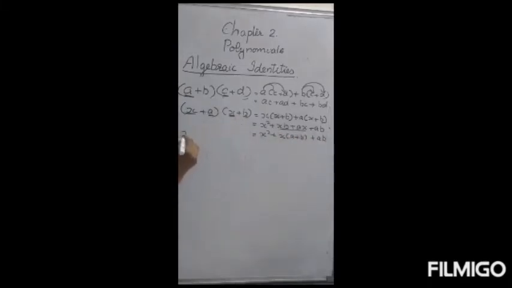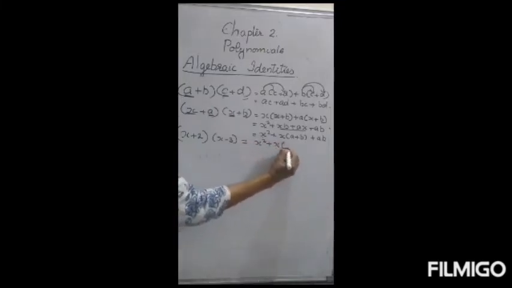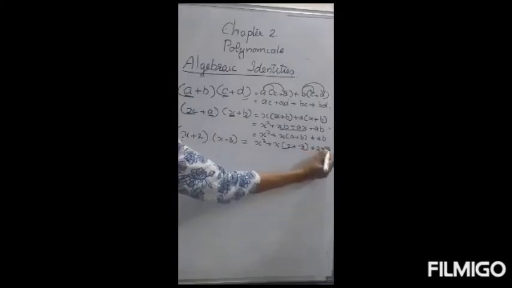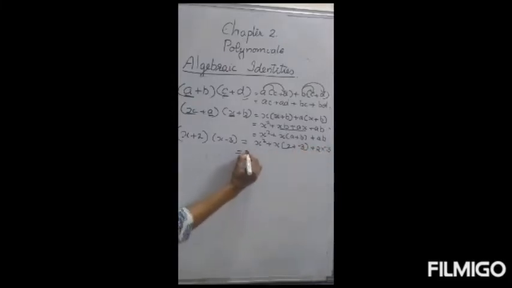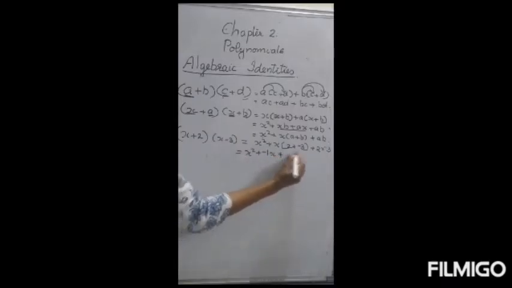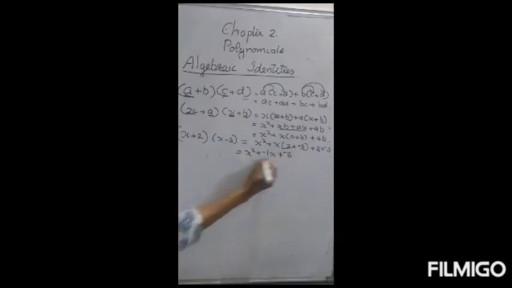For example, (x plus 2) into (x minus 3) is equal to x square plus x into (2 plus minus 3) plus 2 into minus 3. That is equal to x square plus (2 plus minus 3), that is minus 1x, plus 2 into minus 3, minus 6. That is x square minus 1x minus 6.